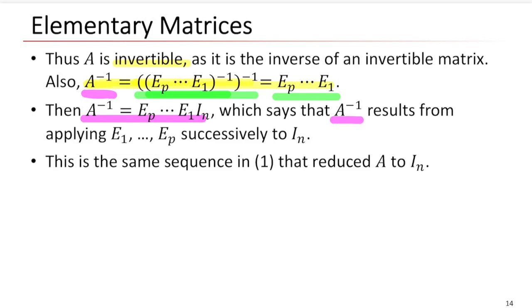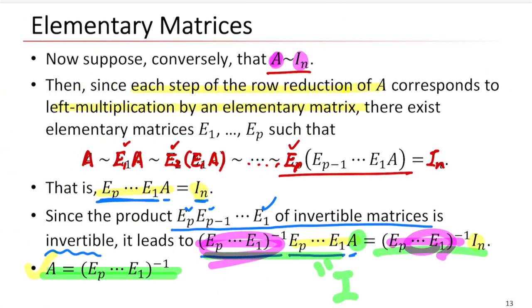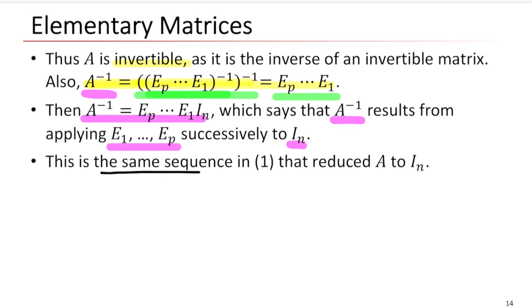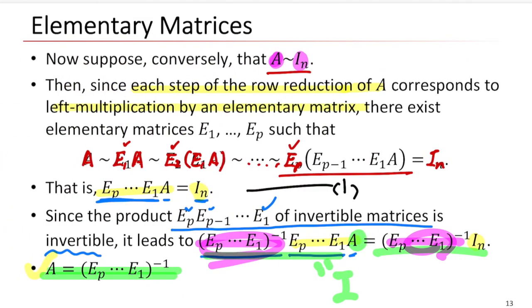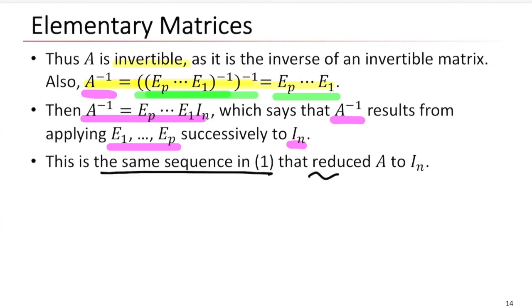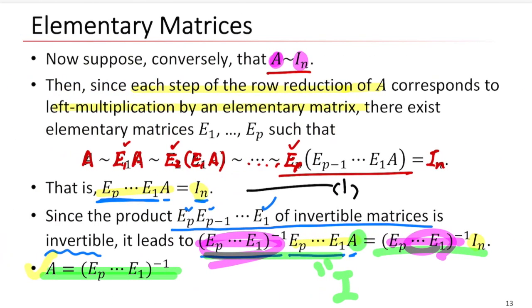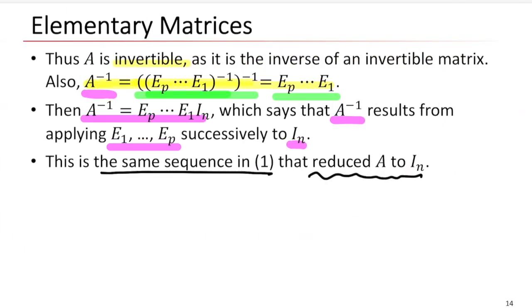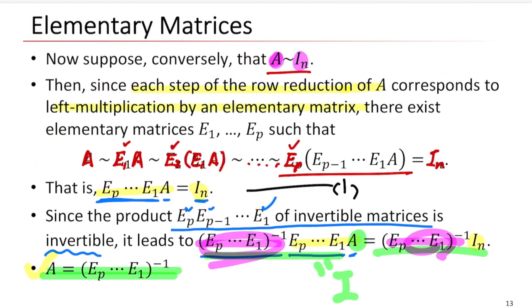So it says that A inverse results from applying E1 through Ep successively to I_n, right? This is the same sequence, in equation 1, that reduces A to I_n. So this is the proof, okay?